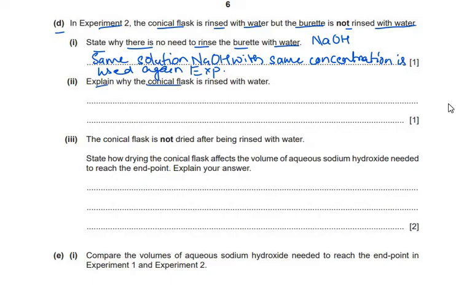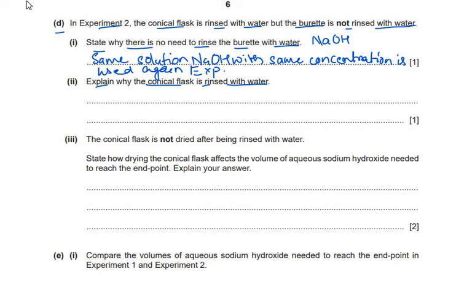Explain why the conical flask is rinsed with water. The conical flask needs to be rinsed because the content of the conical flask might change. In the conical flask we had added methyl orange, and the color change was observed. We had added sodium hydroxide also. We need to remove all these particles of the reactants and products in the conical flask before we start the new experiment.